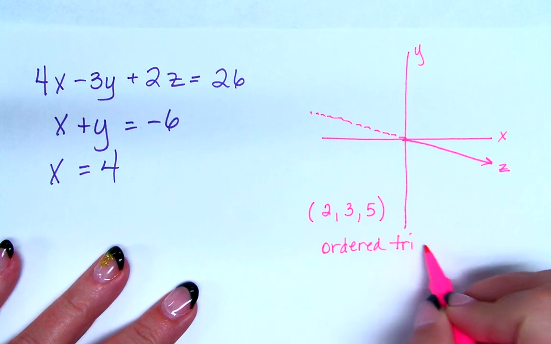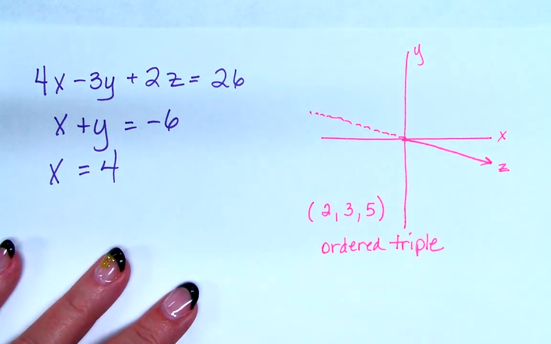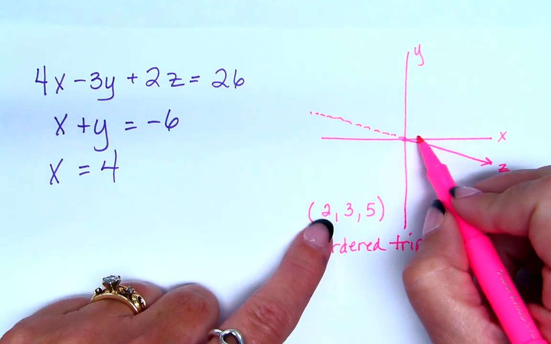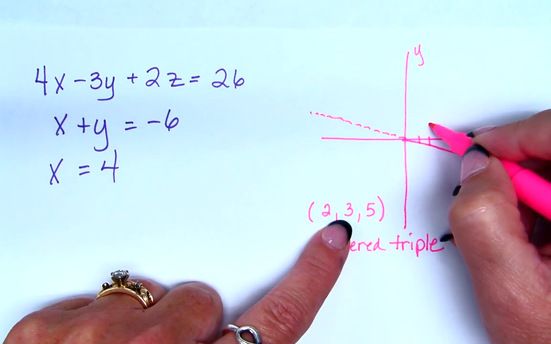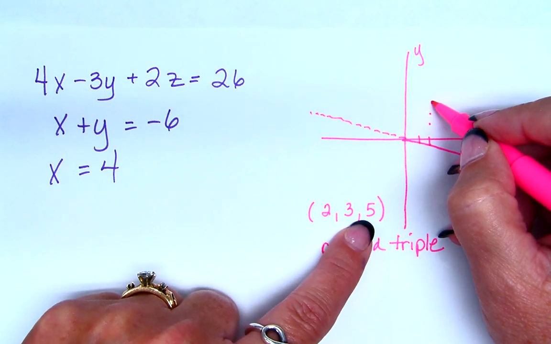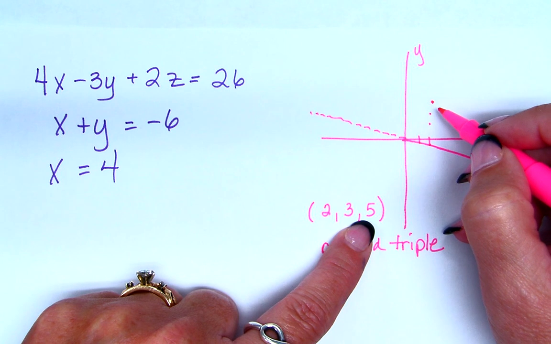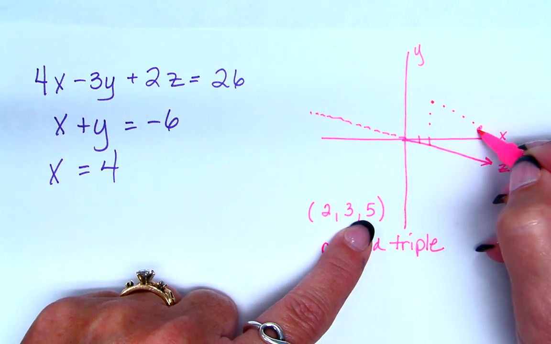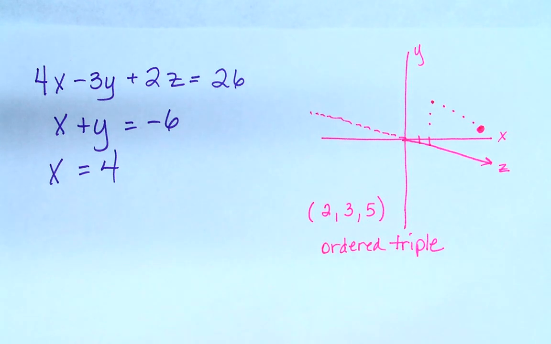That's really close. That's an ordered triple. I still go over 2, and I still go up 3, but then I come out 5. So 1, 2, 3, 4, 5. How easy is it to draw three-dimensional space on a piece of two-dimensional paper? It's hard. It's not easy, is it?